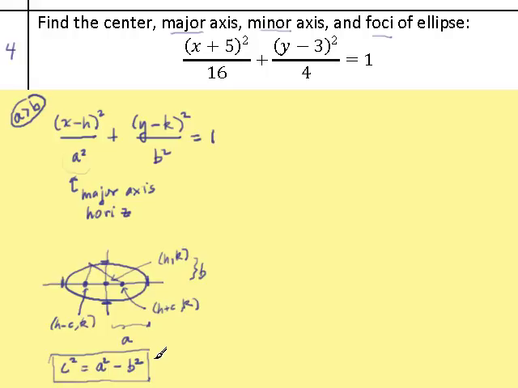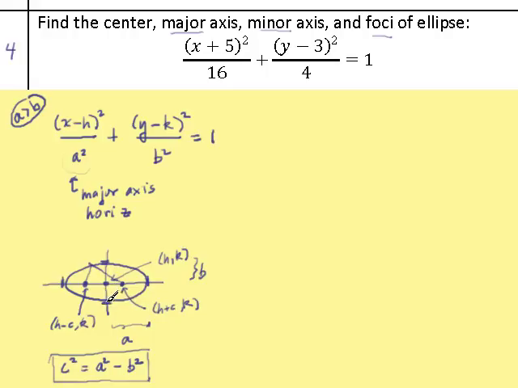We also have this relationship between c, which determines the foci. The foci are c away along the major axis, c away from the middle, from (h, k). So this one is c to the right, and this one is c to the left. And we have this relationship between c, a, and b. Now a is half the distance of the major axis.